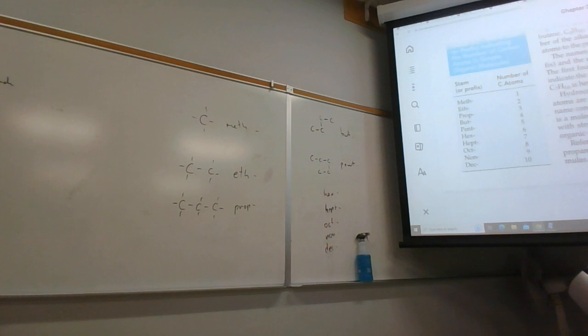A double bond looks like this. An yne ending, with Y and E, has a triple bond. And so this would be a yne here in the structure.